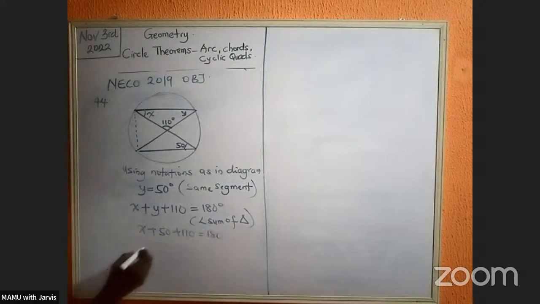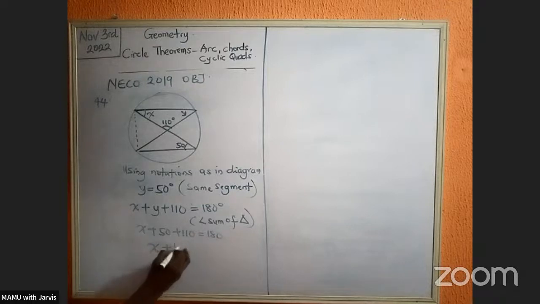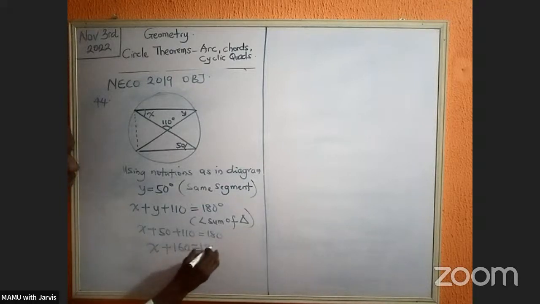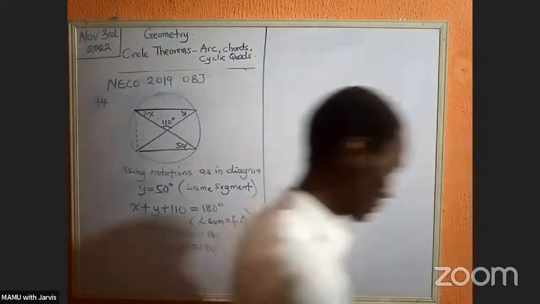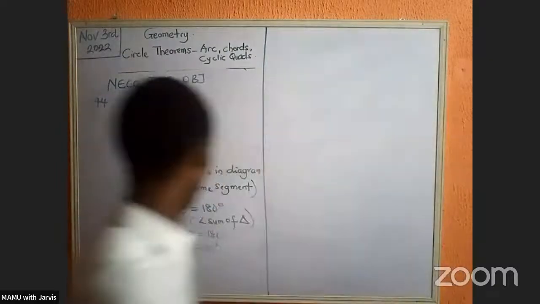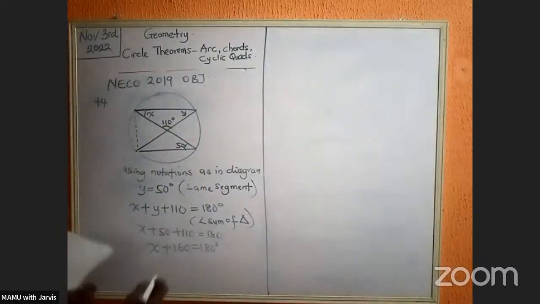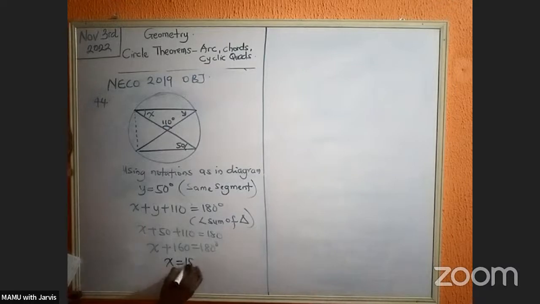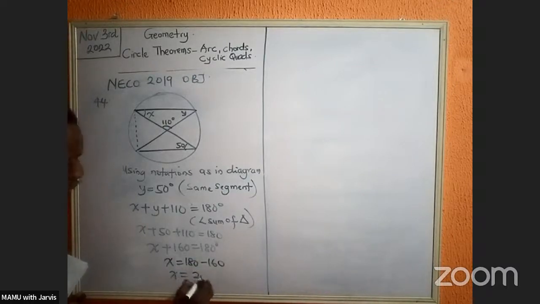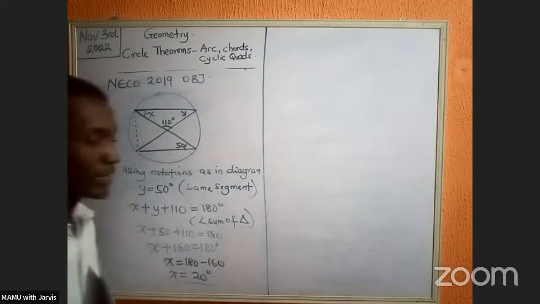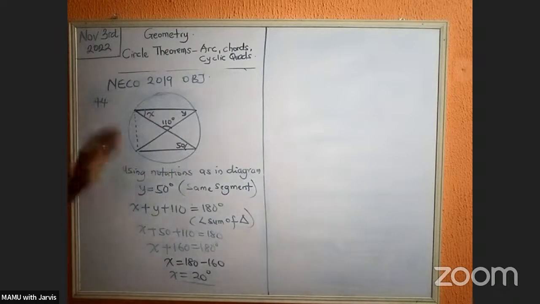So X plus 160 will be equal to 180 degrees. X will be equal to 180 minus 160 degrees, which means X will be equal to 20 degrees.